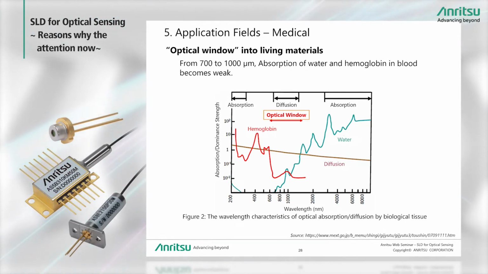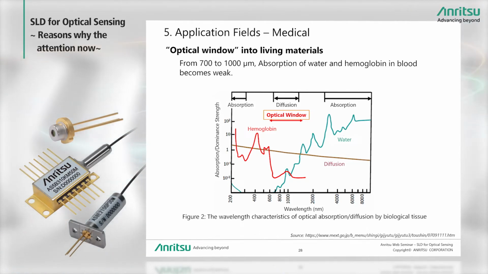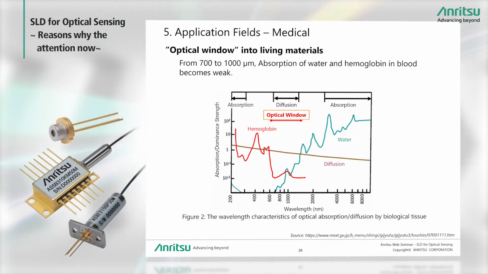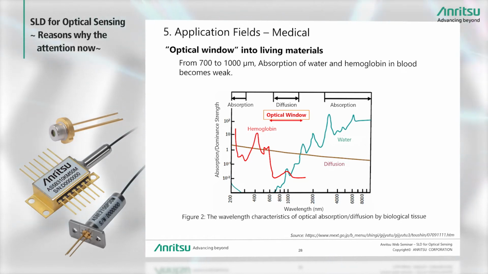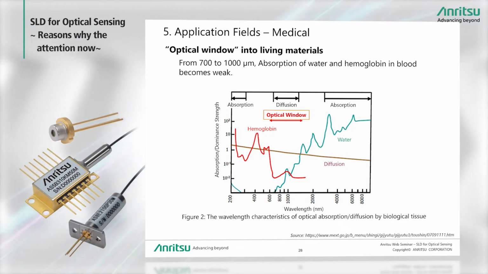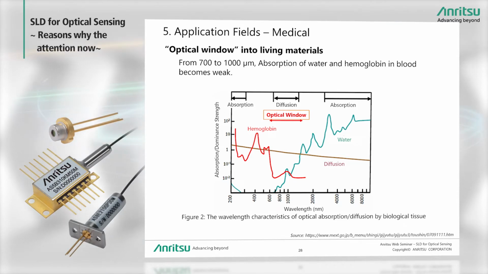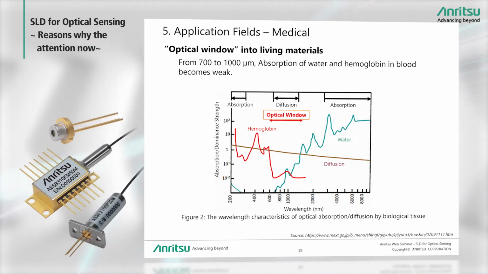Conversely, water has strong absorption characteristics at wavelengths longer than 1000 nanometers. Both hemoglobin and water have fairly weak absorption characteristics in the region between 700 and 1000 nanometers. This region is called the optical window into living materials, and light sources emitting light at these wavelengths are used in medical sensing applications.